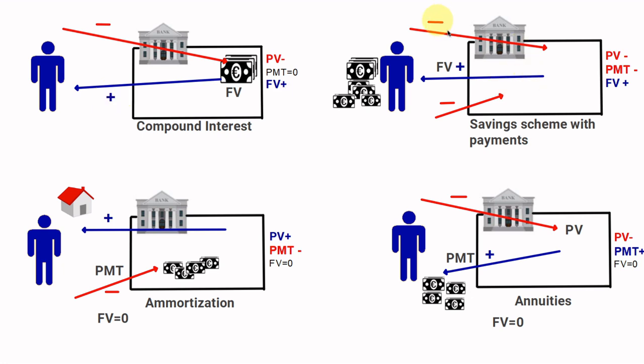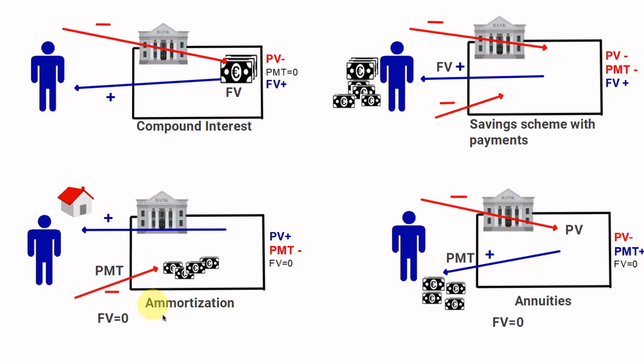So here I've labeled all the red lines with a negative and all the blue lines as a positive. So in the examples that I'm going to do, I'm always going to put anything that's coming out from my pocket into the bank as a negative, and anything that's coming from the bank to me as a positive.